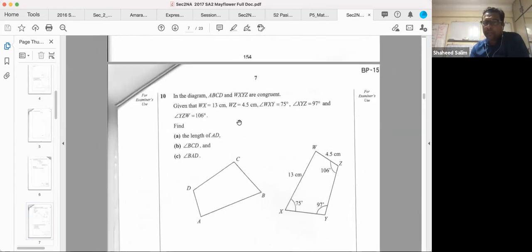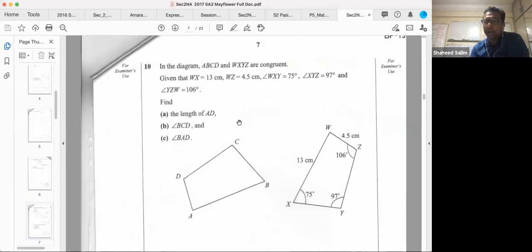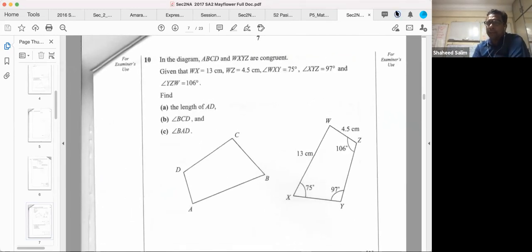This one congruency, yes, right? You try. What's the length AB?